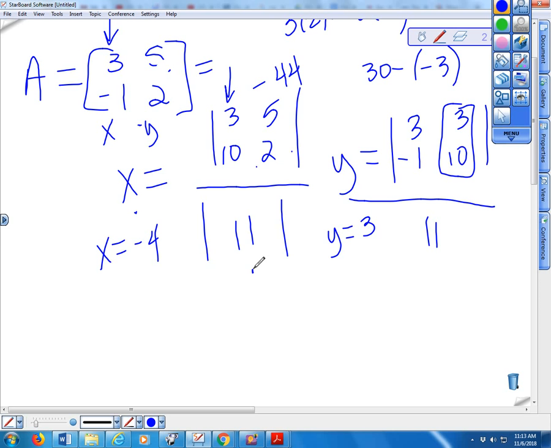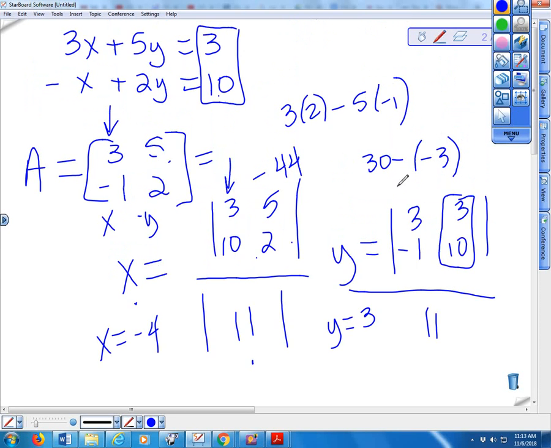And again, how would we have solved this system before we learned Cramer's rule? Which method would you have preferred? Elimination? What would you have done? Multiplied this by 3.